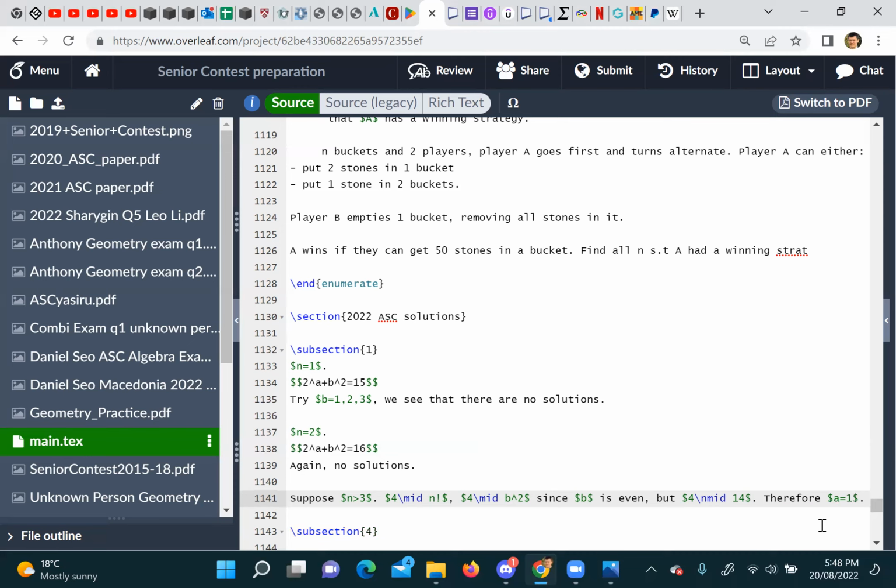Which is quite telling, okay? So that means 2 plus b squared equals n factorial plus 14, right?